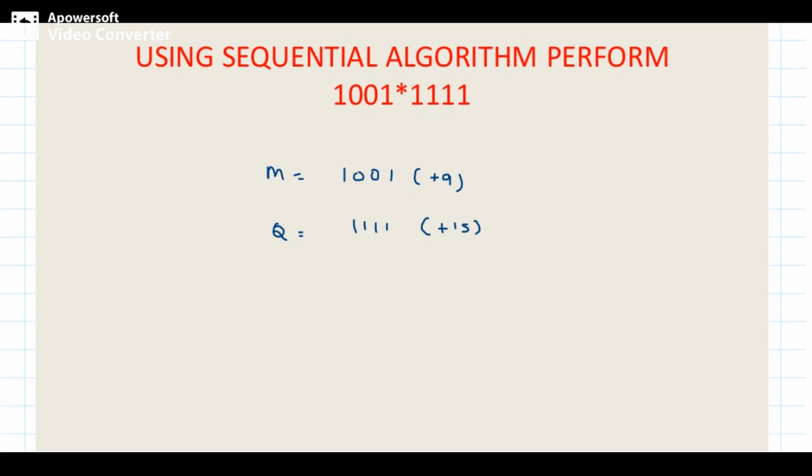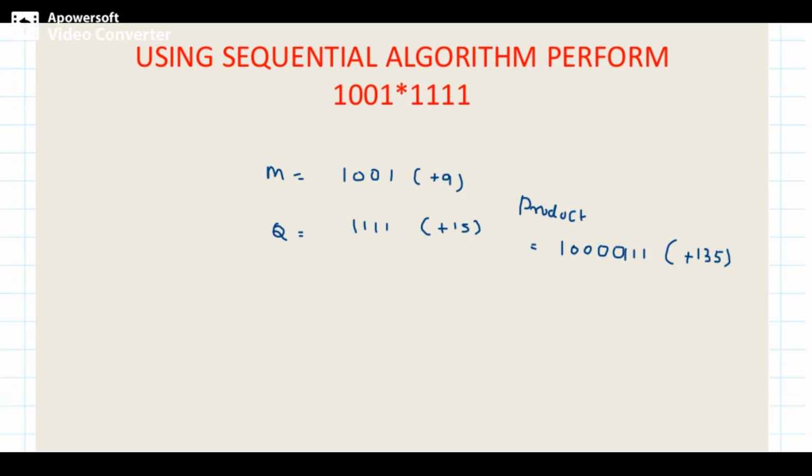So we have to get the final product as 1, 0, 0, 0, 0, 1, 1, 1, that means plus 135. And the sequential algorithm can be used only if both multiplier and multiplicand are positive numbers.